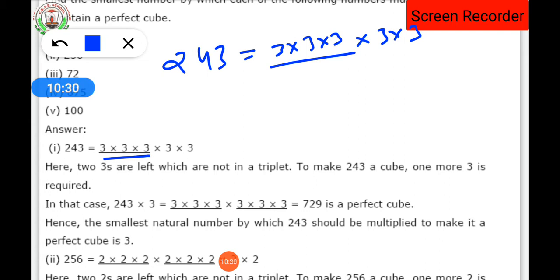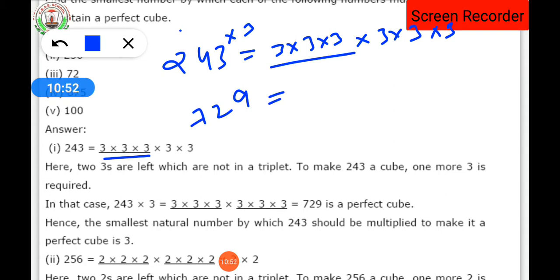We can see that there is no pair of the 3, hence we can say that 243 is not a perfect cube. In order to make it a perfect cube, what we have to do is multiply 3 on both sides. So 3 3s are 9, 3 4s are 12, carry 1, 6, 7.